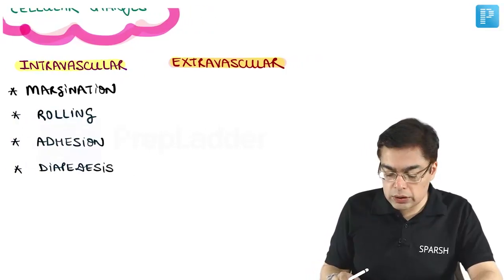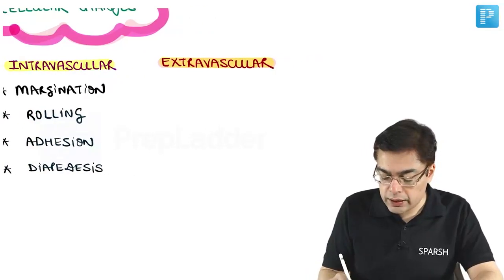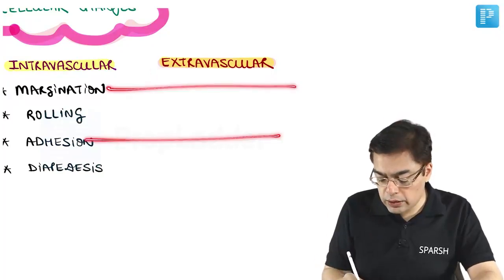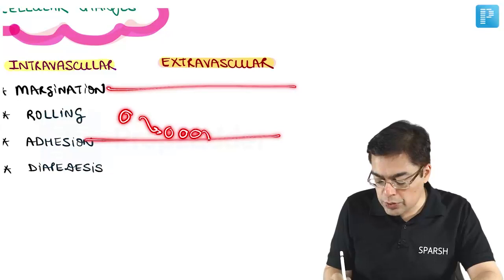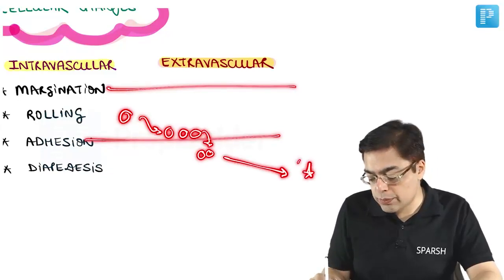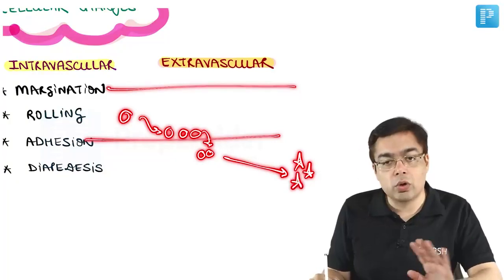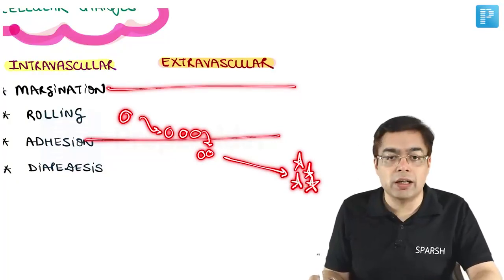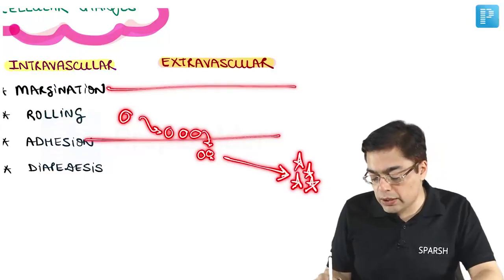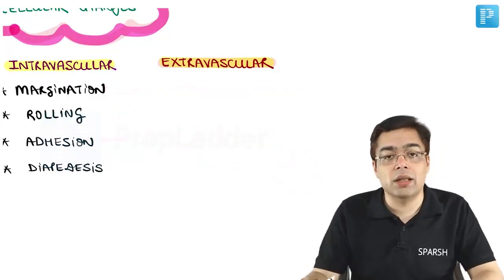Coming then to the molecules that you associate with extravascular changes. Extravascular changes begin when the WBCs have already gone through this process, they have already moved out, and then they have a target which they are supposed to attack. We have talked about that with the help of a very beautiful analogy as well, wherein the white blood cells get attracted because of the presence of certain chemicals.